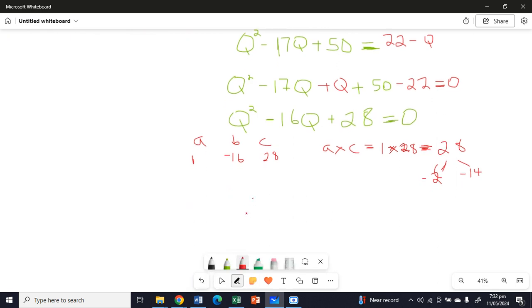So you're going to write: open brackets, q minus 2, close brackets, open brackets, q minus 14, close brackets, equals 0.